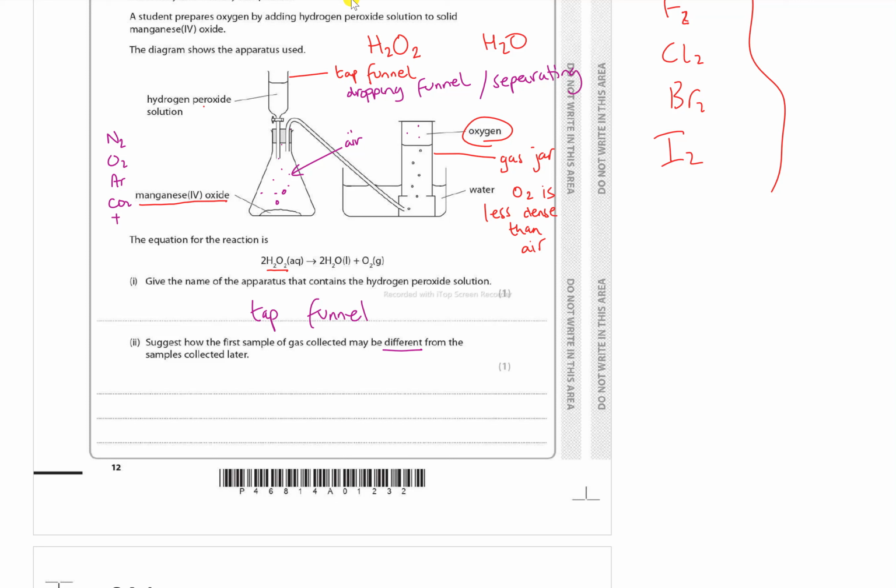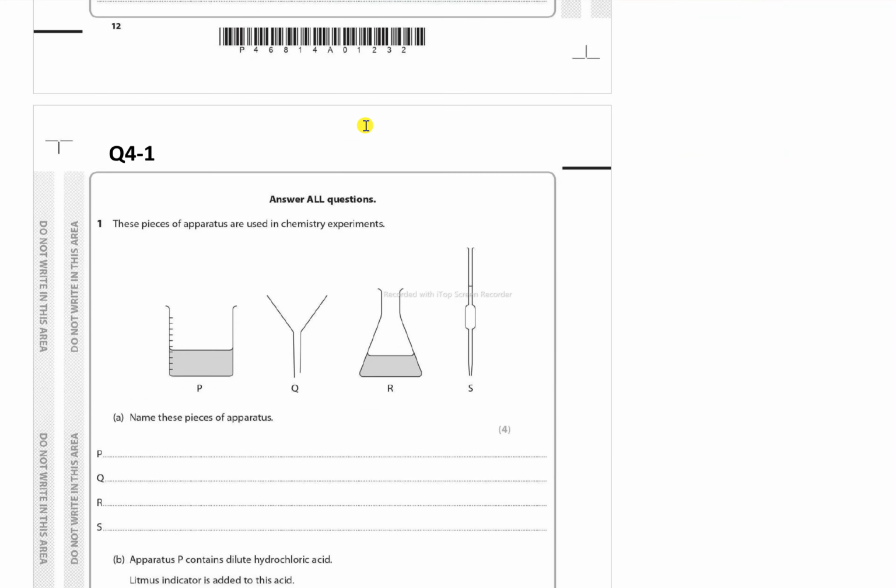So you'll have a mixture of air with oxygen. So that's how it's going to be different. So it will contain air from the conical flask. Right, let's keep going.